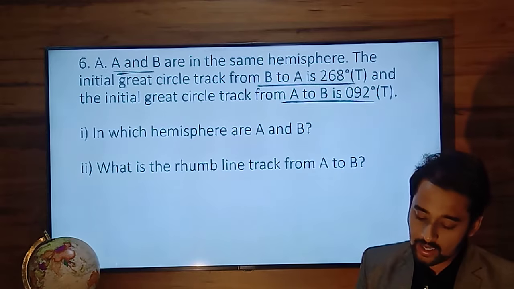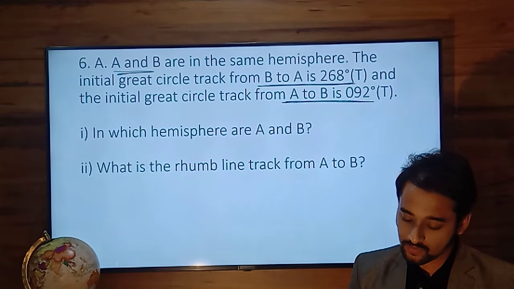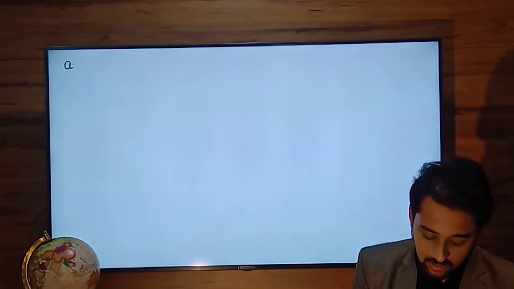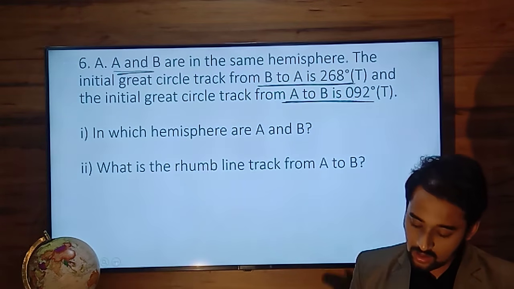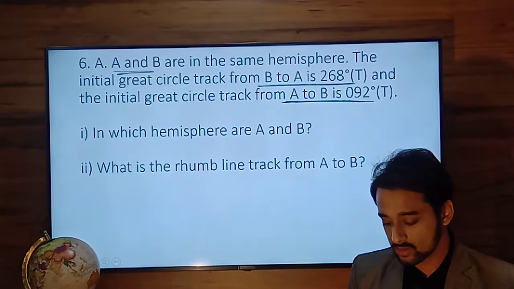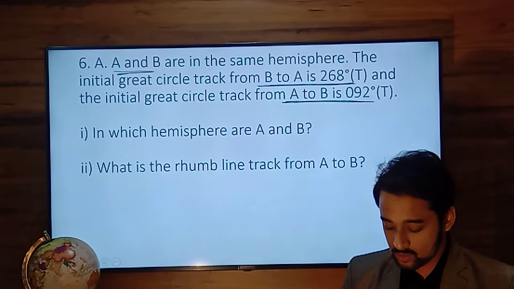So to find the hemisphere, B to A is 268 and A to B is 092.